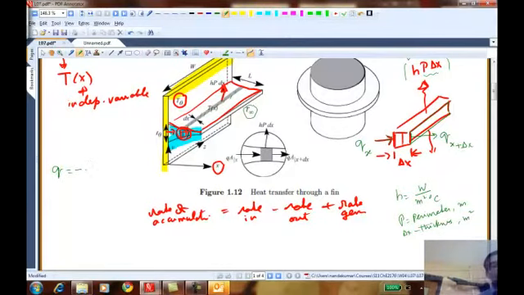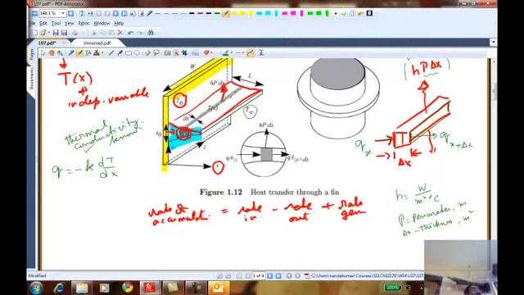And the proportionality constant is your thermal conductivity. So k is a thermal conductivity. It is a property that is known.